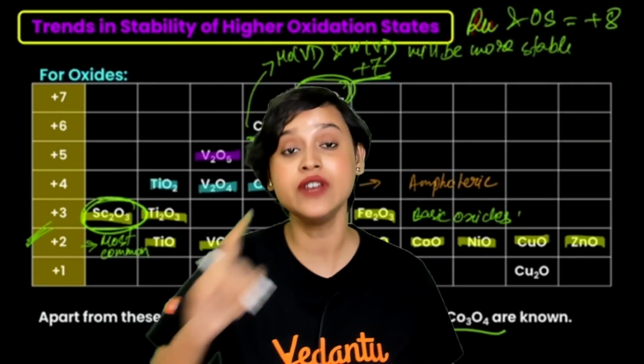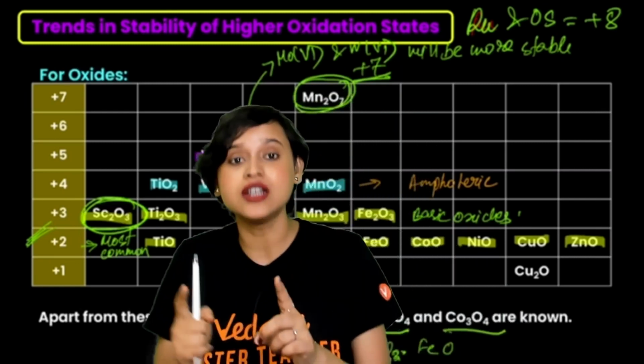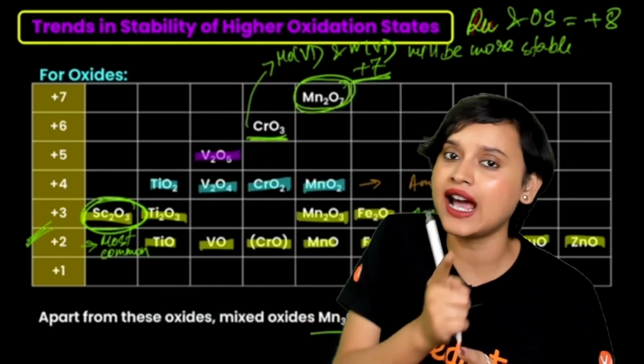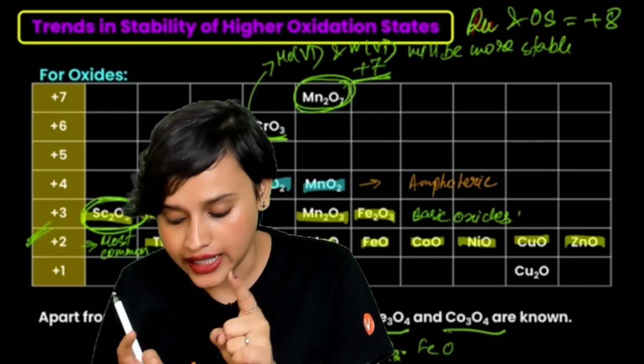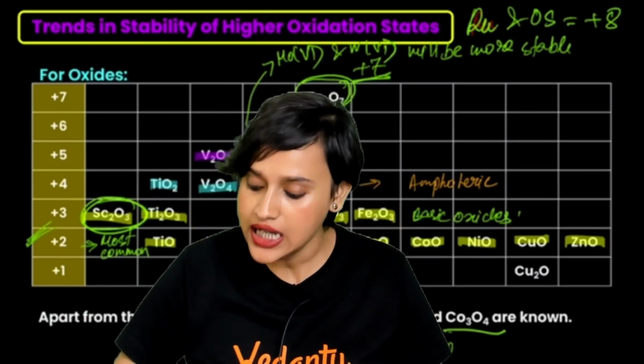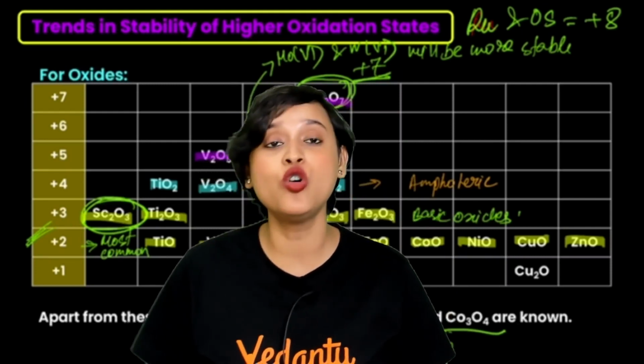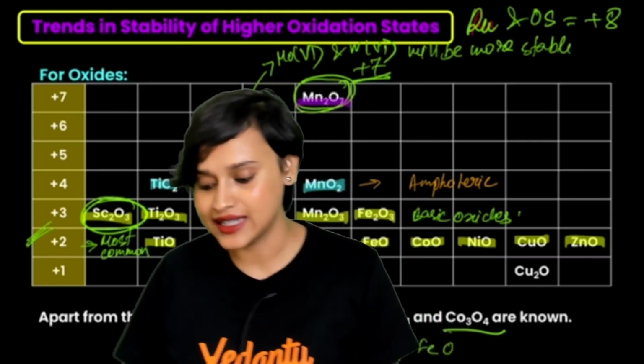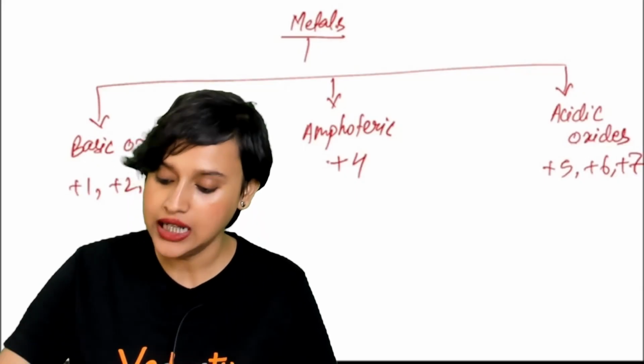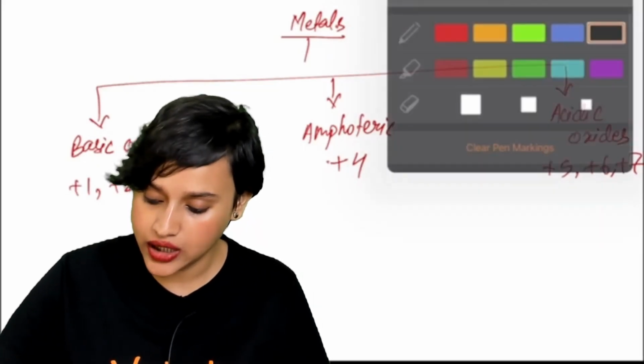Everybody, V2O5. V2O5 is also amphoteric, but it has a more acidic character than basic character. I will write that down, don't worry about it. CrO3, where it is existing in +6, is an acidic oxide. Mn2O7 is also an acidic oxide. Cool, everybody? But let me write that down very carefully.